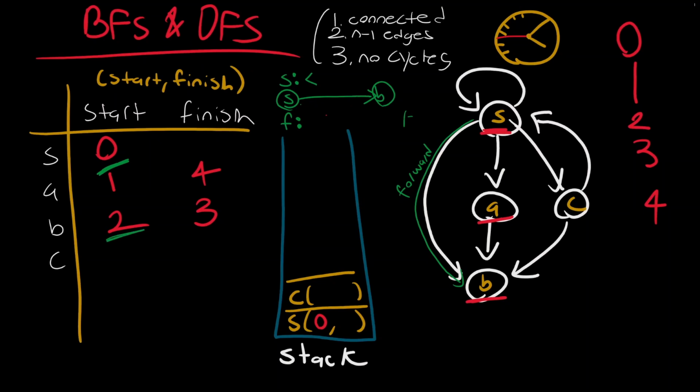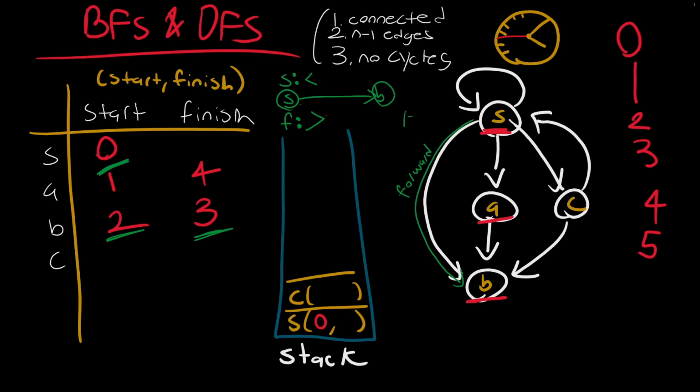And we see that the finish time for S is going to be greater than B. You see that B here is 3, and we're currently at 5 on the timer. So S must have a larger time. If you were to give it a time now, it would be 5 or some other number.